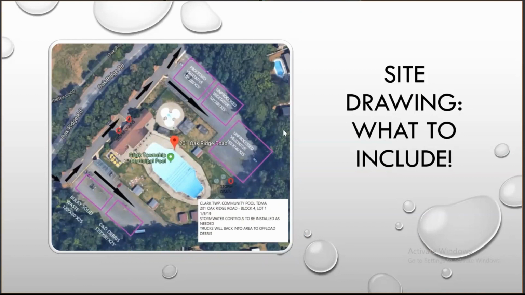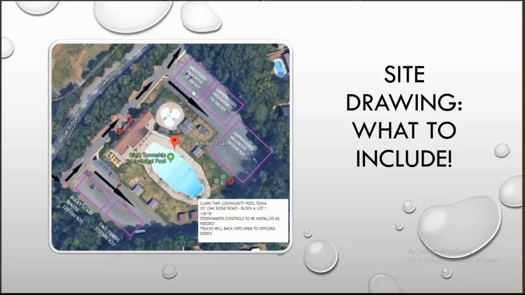So the first thing you want to make sure is that your stockpile sizes are drawn to scale. It doesn't have to be exact, but you don't want to put 4 100 by 100 foot stockpiles on an area where the site is only 50 feet by 50 feet. So just make sure it's reasonably to scale.